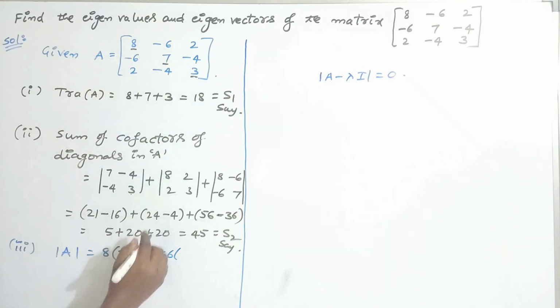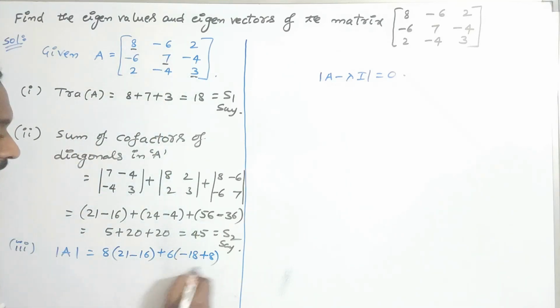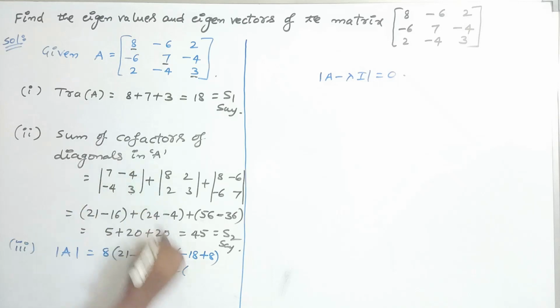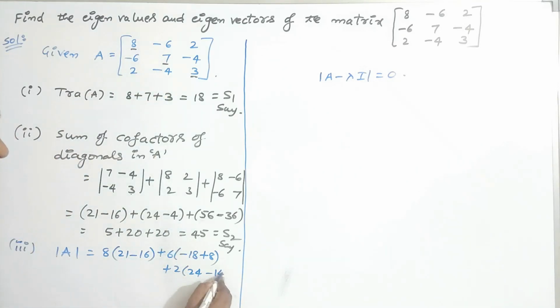So minus 6 3s are minus 18 minus of minus plus 8, plus 2 into the last element, close that column and row, you will get 24 minus 14. So 21 minus 16, 5 8s are 40.